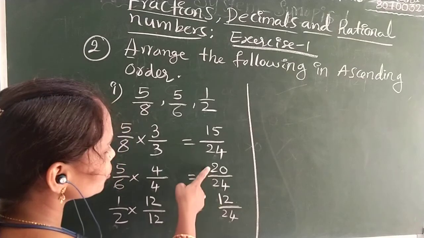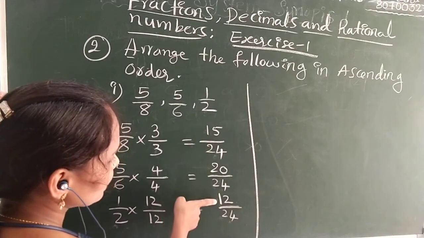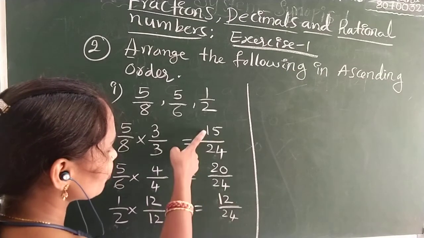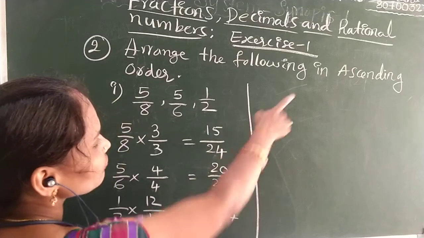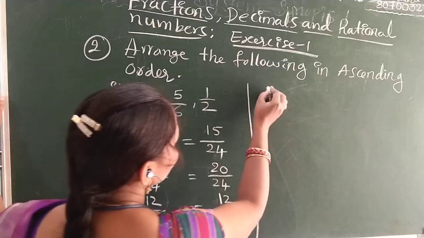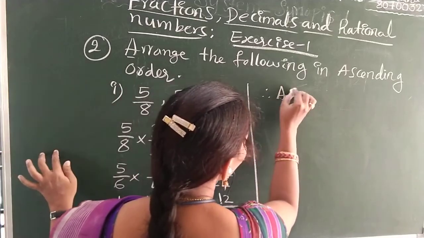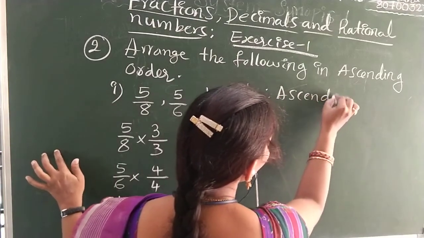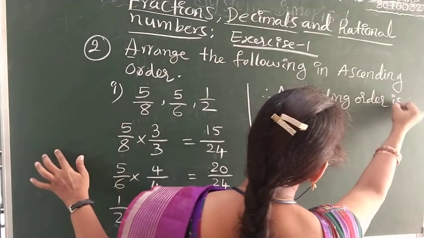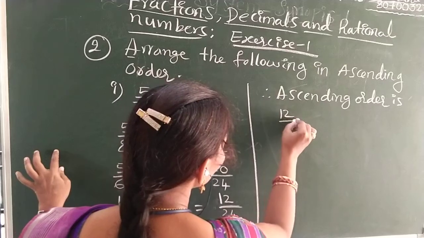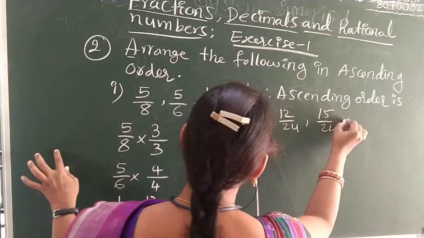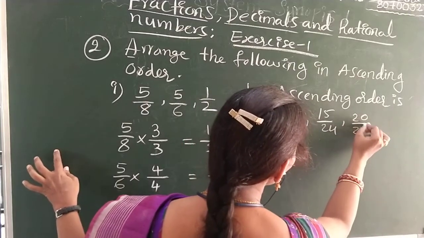Now compare the numerators. 12 is the smallest when compared to 15 and 20. We are arranging in ascending order, meaning small to big. Now the ascending order is 12 by 24, next 15 by 24, next 20 by 24.